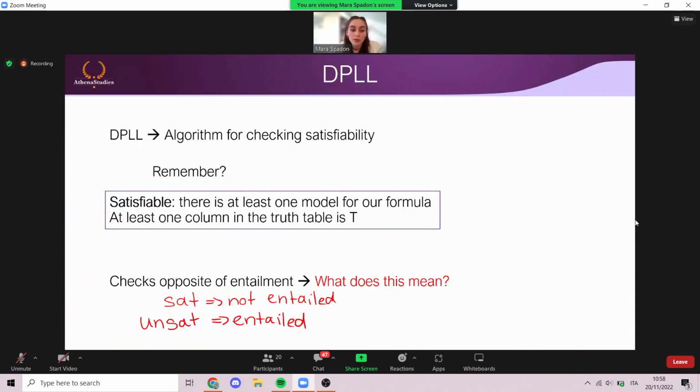If we come to the conclusion that it is satisfiable, then it is not entailed. Okay, so you basically just take the opposite. So every time you're doing DPLL and you come to the conclusion that it was satisfiable, then you can immediately say, okay, not entailed. Similarly, if it's unsatisfiable, you can immediately say the formula is entailed by the knowledge base.